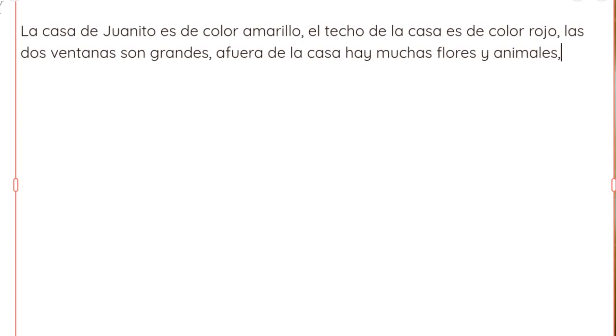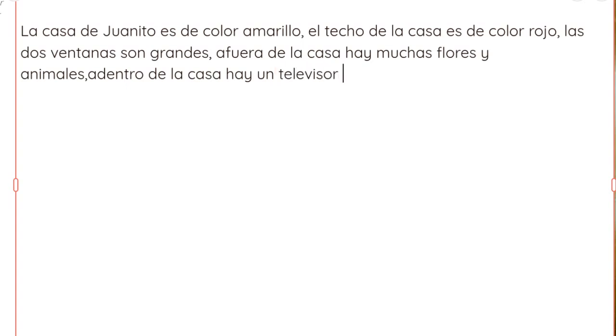Adentro de la casa hay un televisor, una mesa y y 4 is 4, number 4. 4 sillas verdes, coma.